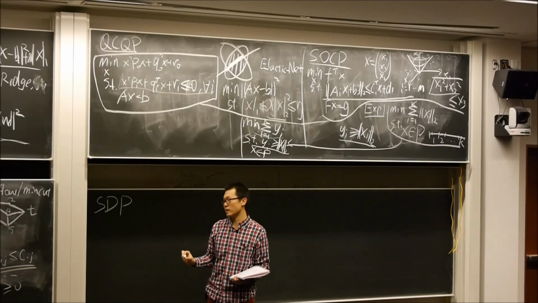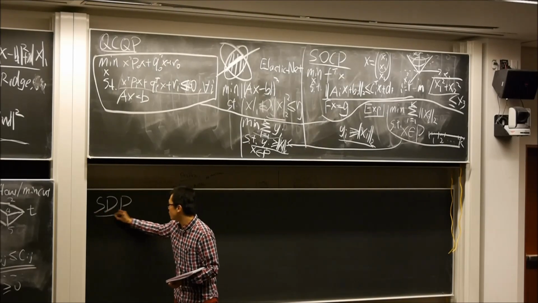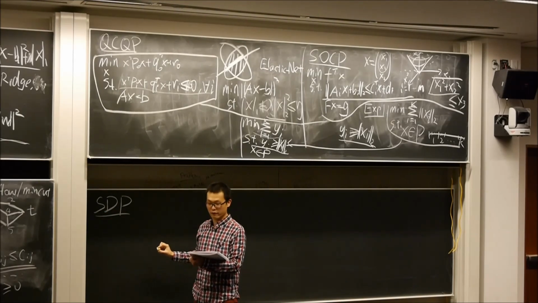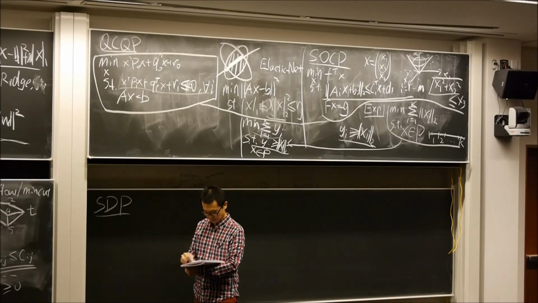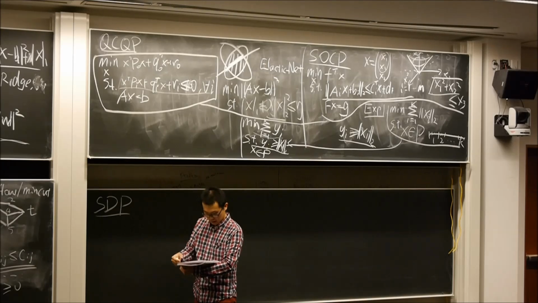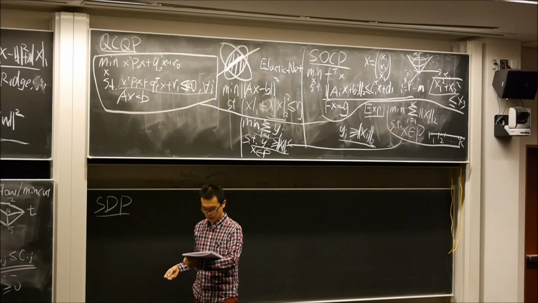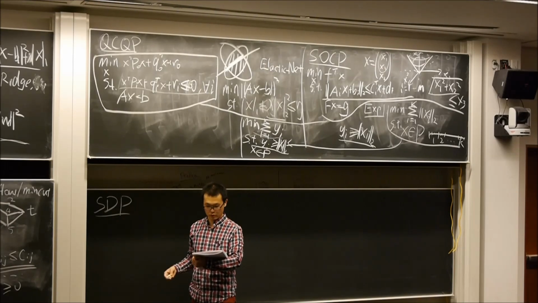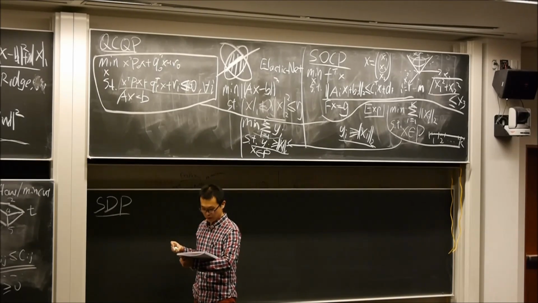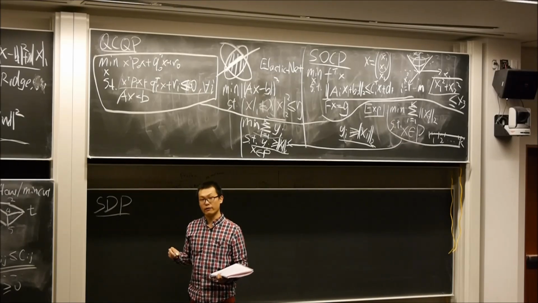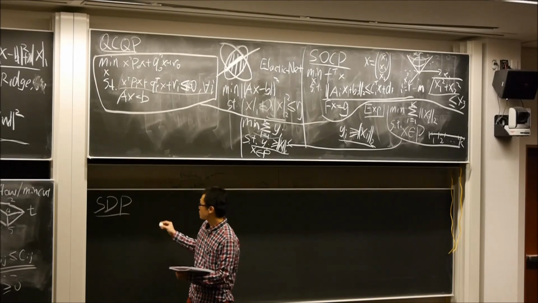That is the max cut problem. So I'm just writing out the general form of a semi-definite program and giving you one example of how it is used to solve the nuclear norm minimization and eigenvalue minimization problem.